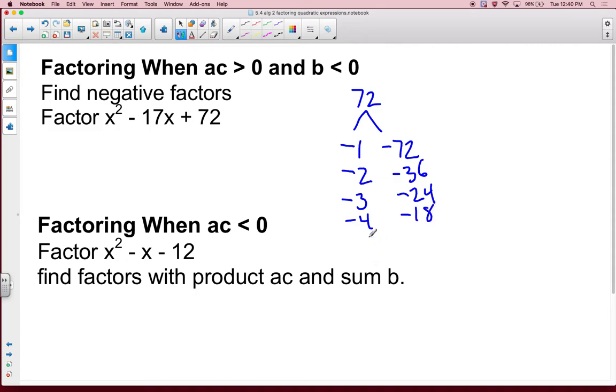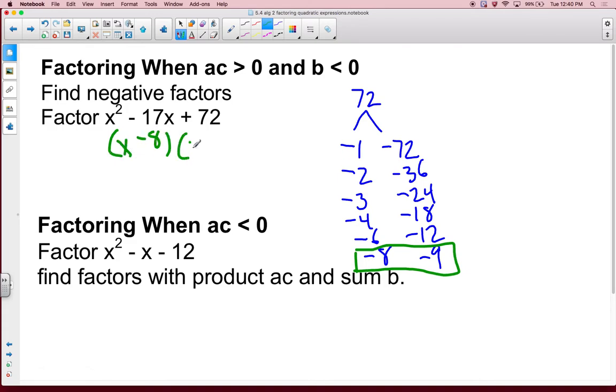Negative 6 and negative 12. And negative 8 and negative 9. So we want to know which pair will add up to a negative 17. And we should see that the pair that adds up to negative 17 is negative 8 and negative 9. That adds up to a negative 17. So we go straight to our two binomials, x minus 8 times x minus 9.